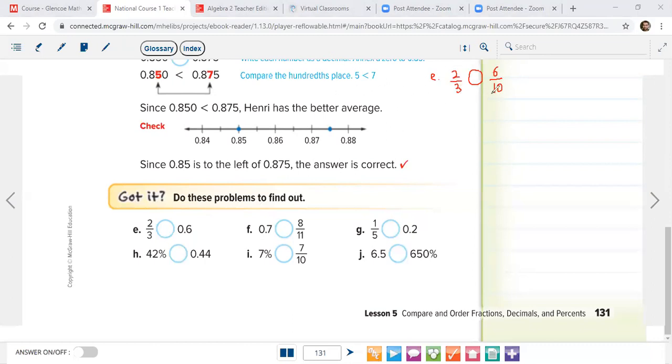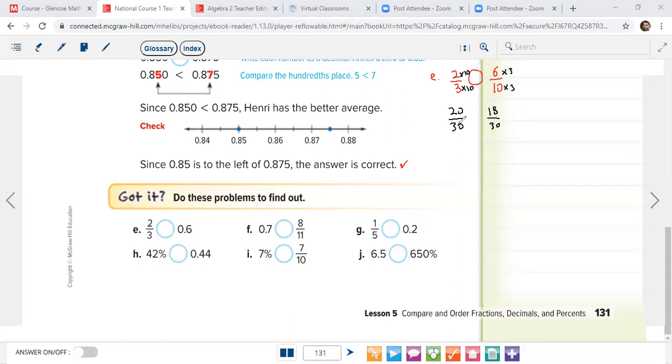So the 3 will be multiplied by the 10 and the 10 multiplied by the 3. So I multiply here by 10 up, multiply here by 10 down, multiply by 3 up, multiply by 3 down. So this will be 20 over 30, and this one is 18 over 30.